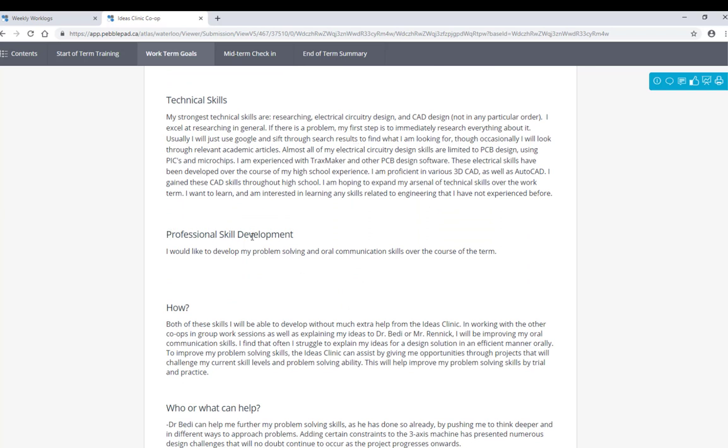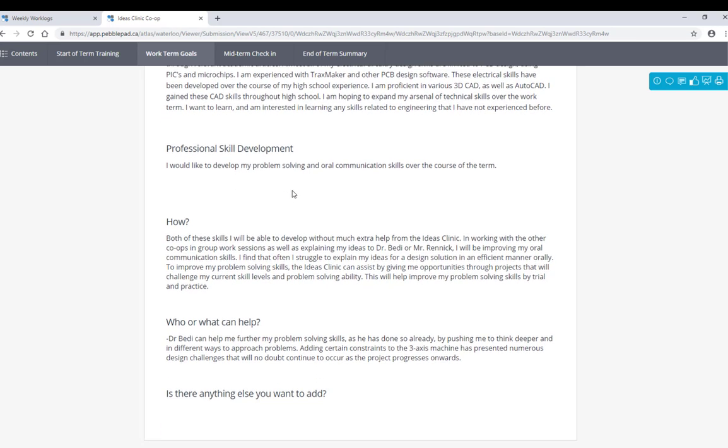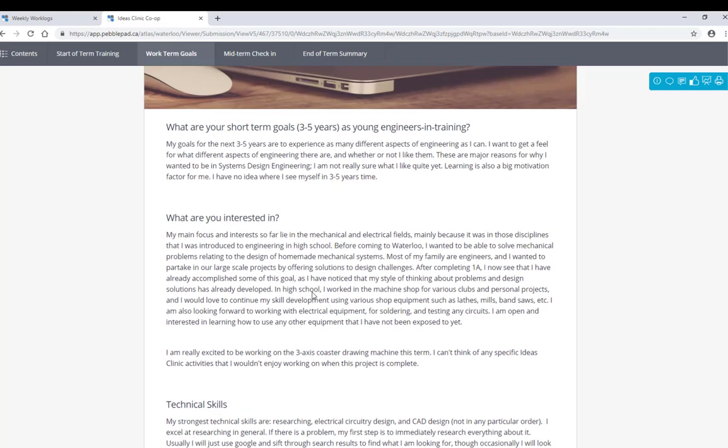I linked them across to a list of professional skills that the Center for Teaching Excellence on campus had developed, and got them to identify a couple that they wanted to work on during the term. As part of that, I wanted them to think about how they were going to do that, who they were going to interact with to improve those skills, and then gave them a spot to add anything else that they thought I should know at the start of the work term.